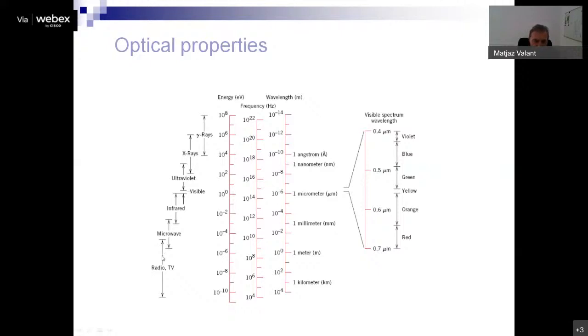So mainly we are concerned, of course, about the visible spectrum range. Not only in technology, of course, we use the majority of the electromagnetic spectrum for some kind of technological devices. But today we will mainly talk about the visible range and how the visible light interacts with matter.